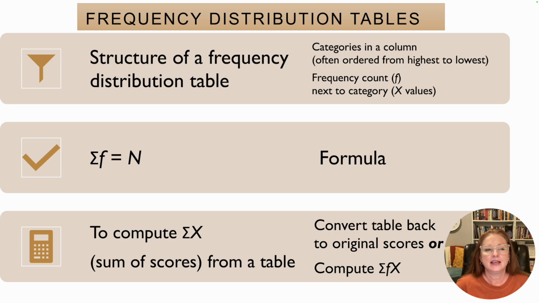Okay. So some of the things you need to keep in mind. 1, the structure of a frequency distribution table has categories in the column, right? And normally it's ordered or structured from the highest to the lowest.